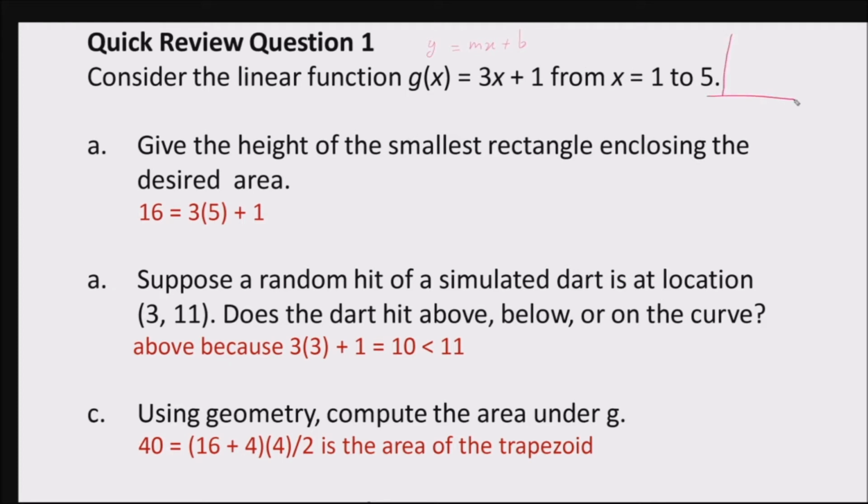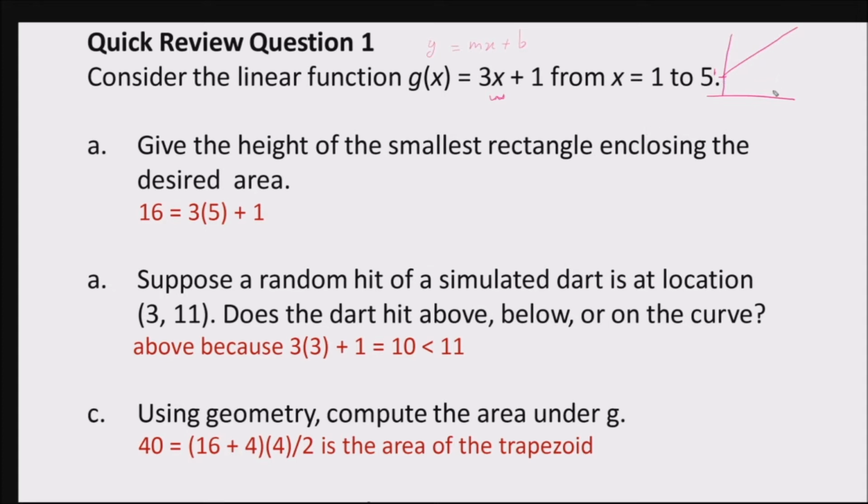So if I have it like this, where does this cut the y-axis? Well, if I put 0 here, the y value will be 1, right? So it will go somewhere here. And of course it will go somewhere like this. So that is your graph.